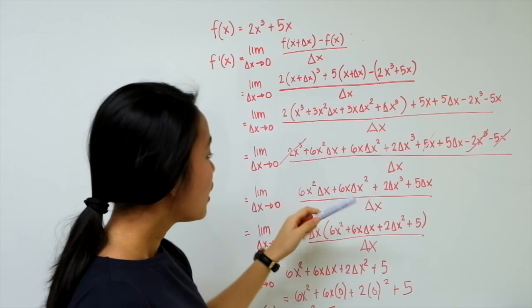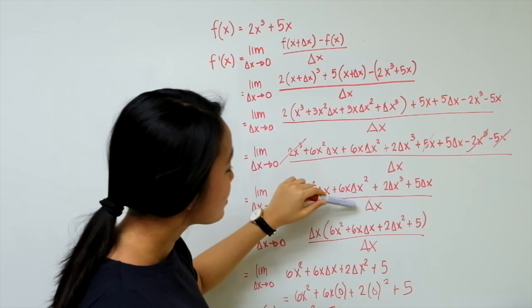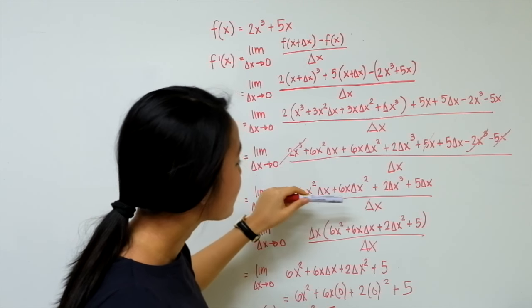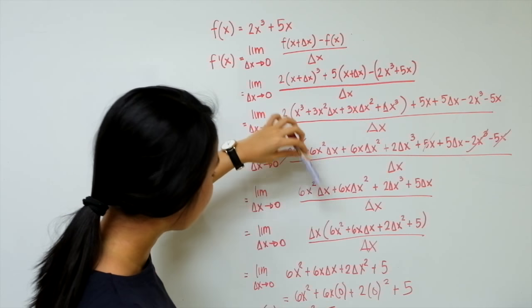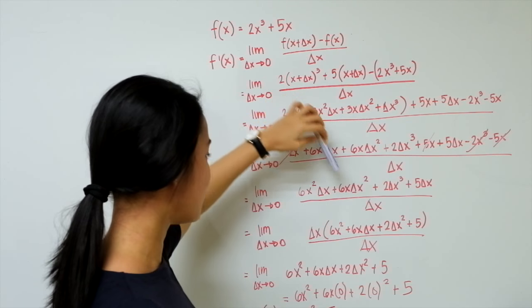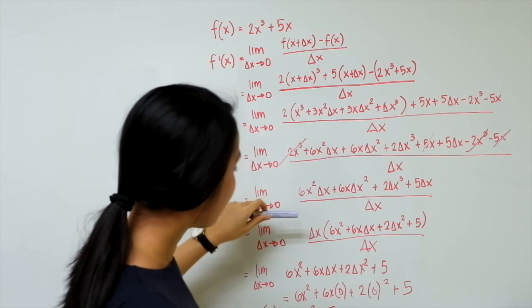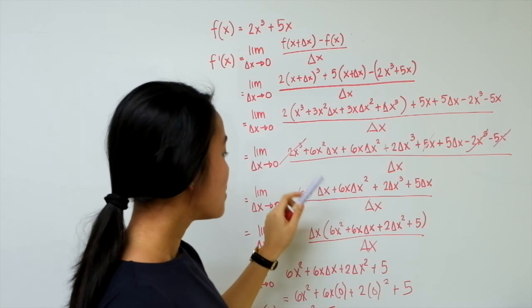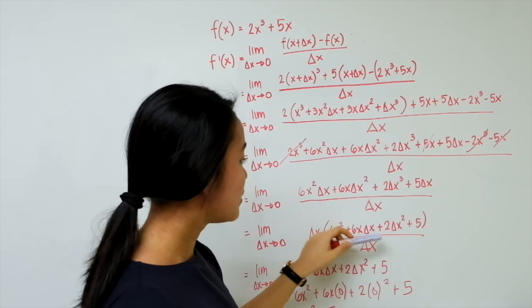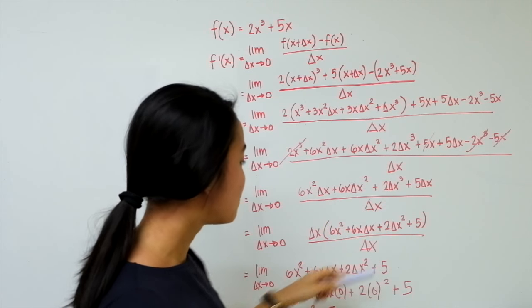So from here, our goal is to cancel the delta x on the denominator. So we factor out the delta x in the numerator. So it becomes delta x quantity 6x squared plus 6x delta x plus 2 delta x squared plus 5.